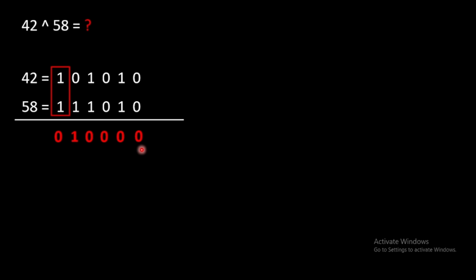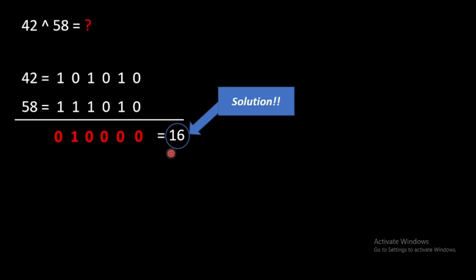When giving output, the processor will again convert this binary to its corresponding decimal value, and it will be 16. And this is our solution.